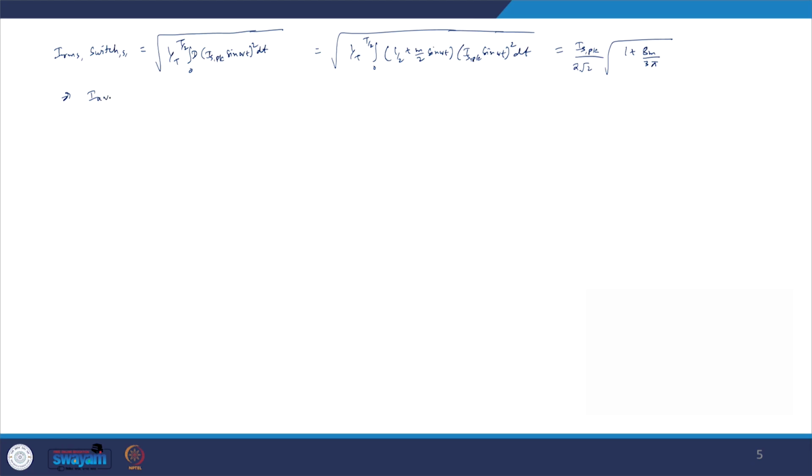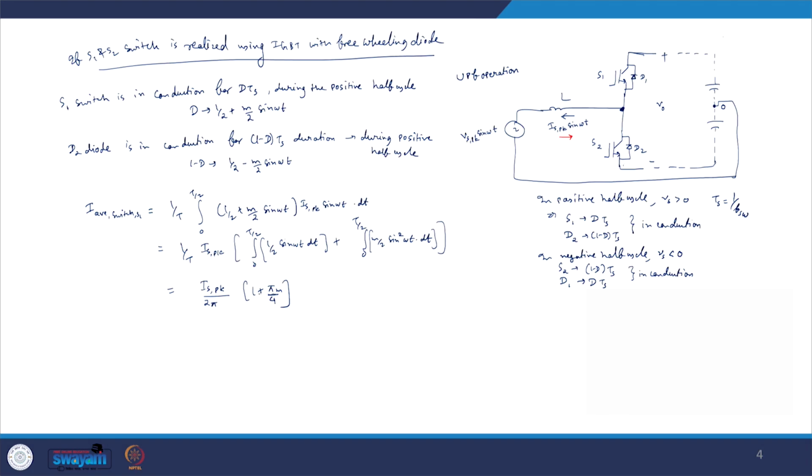Similarly, you can also calculate the average current for the diode as well. 1 by T, 0 to T by 2, of 1 minus D times Is peak sin omega t dt, and when you solve this, you will get the expression 1 minus m pi by 4, which is, this is plus, here it is minus.